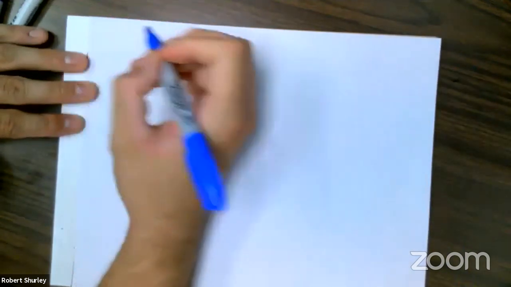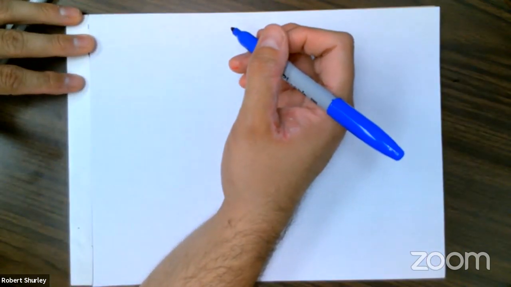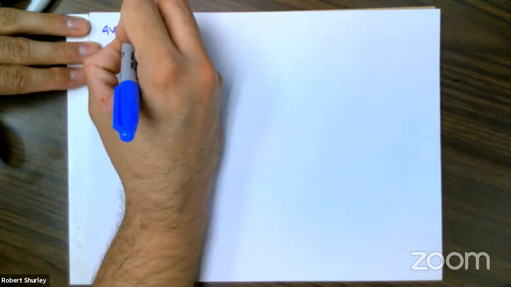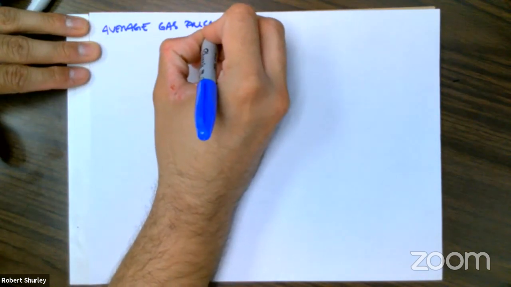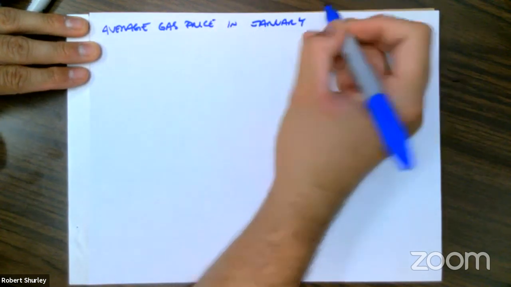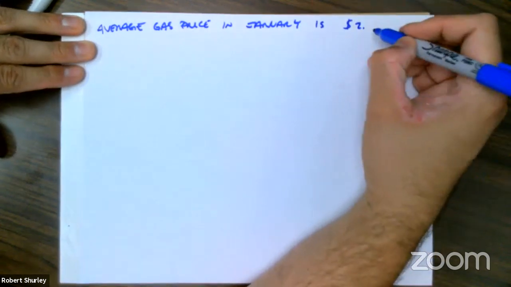Let's say if we go back in the month, oh my gosh, remember those nice gas prices at the beginning of the quarantine? I almost forgot about all that. But let's take those out. Let's say the average gas price in January is, let's say, $2.15.